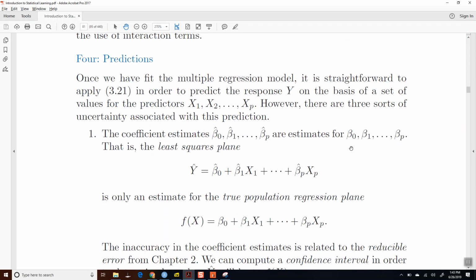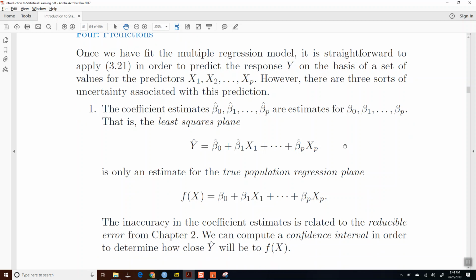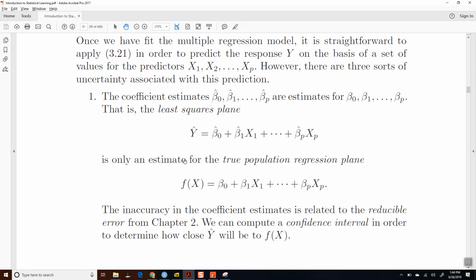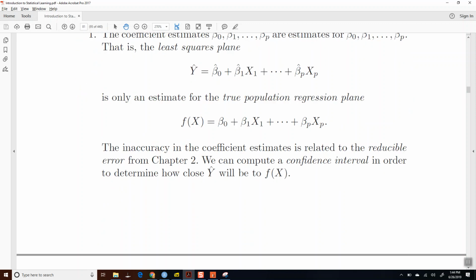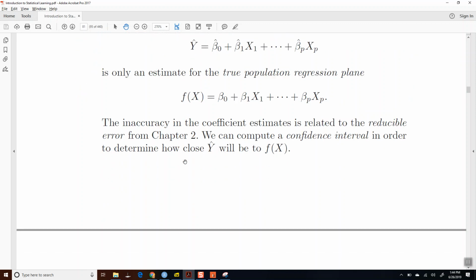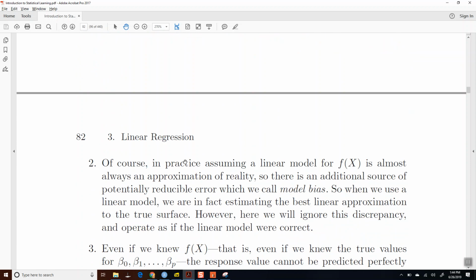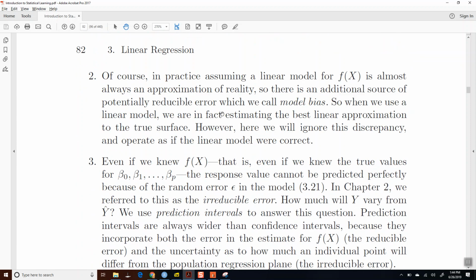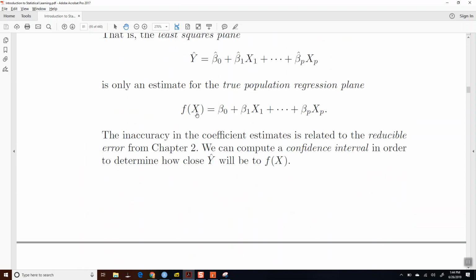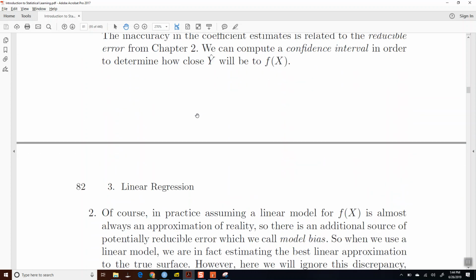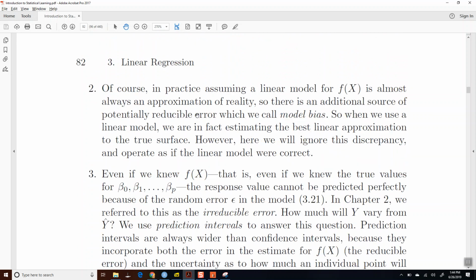As far as making predictions go, all we do is plug in our x values into our model to get your predicted value, your y hats, and then you can create a confidence interval, and we're assuming that our linear model is a reasonable approximation for life.